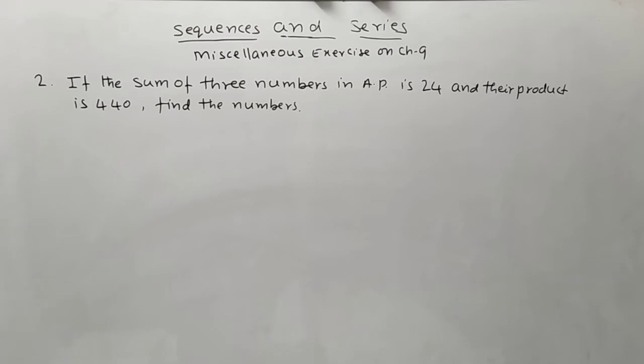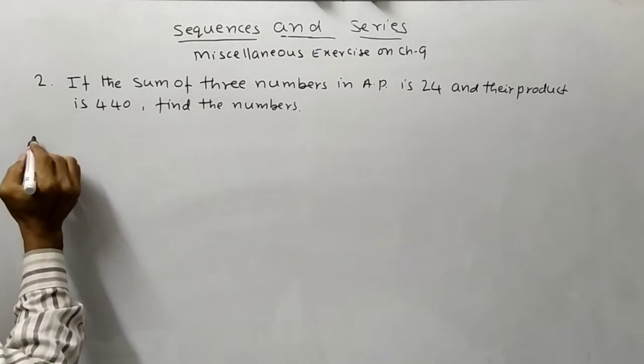Second question. If the sum of three numbers in AP is 24 and their product is 440, find the numbers. Solution.